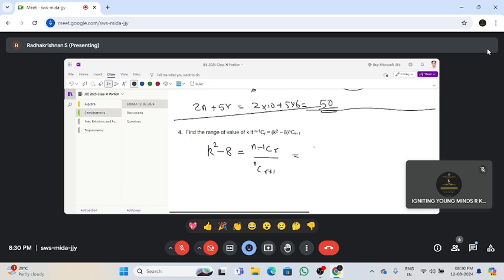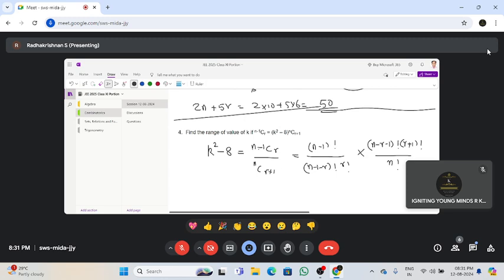So, okay. So this is n minus 1 factorial divided by n minus 1 minus r factorial, into, I am putting it in the reverse, reciprocal, n factorial by r plus 1 factorial.